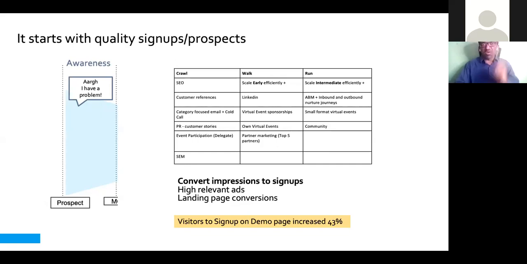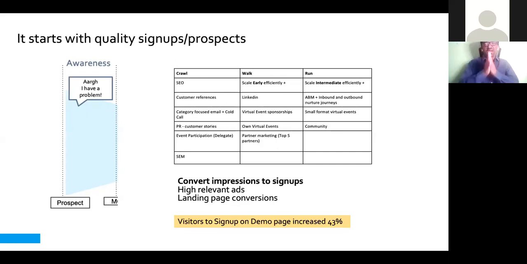From the SEO point of view, your metrics would be the keywords where you're getting searches, the search impressions you're getting, the number of clicks, visitors, and signups, right? Signups is where you end in this micro funnel. And if you're running LinkedIn campaigns, it's all about impressions, how many clicks you're getting, how many lead generation forms are being opened, and how many people are finally signing up.